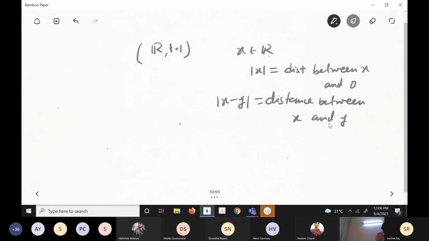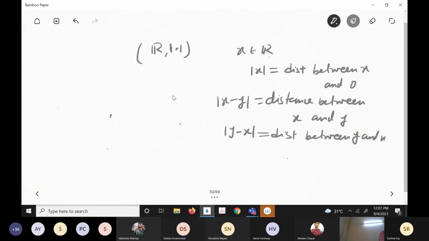Okay. Of course, I could consider that there should be direction. Actually, it is the distance from x to y, and this is the distance between y and x.